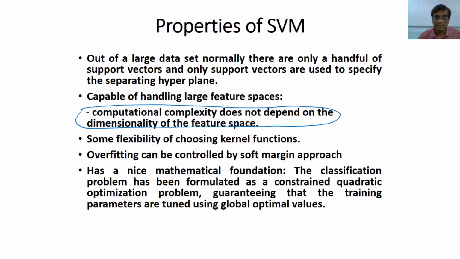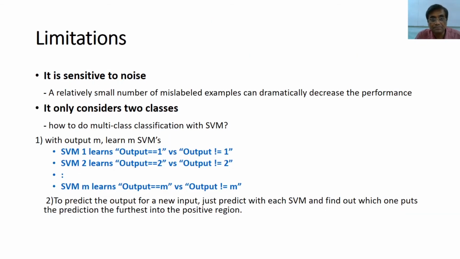The classification problem here has been formulated as a constrained quadratic optimization problem, which guarantees during training, when tuning the parameters, that we always get the global optimal values. So that's a beautiful property.